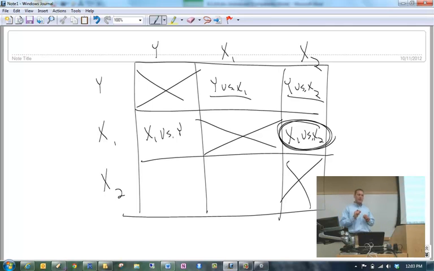Here's why. Let's say that there's a perfect positive relationship between x1 and x2. Do you need both x1 and x2 in your model? No. Because if you have x1 in the model, x2 is not going to give you any additional information about y, and vice versa.